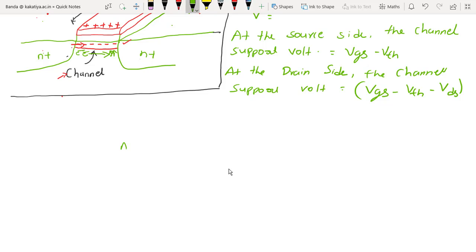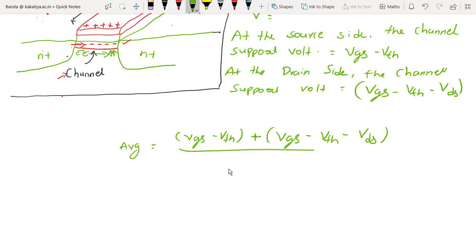If you take the average of these two voltages, the two voltages are VGS minus VTH plus VGS minus VTH minus VDS, divided by 2.